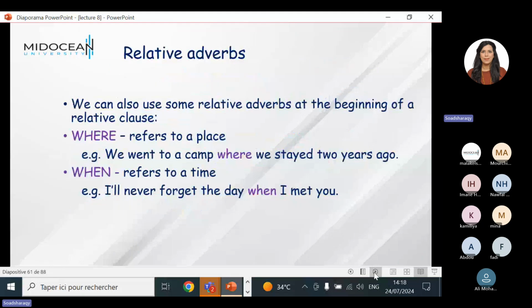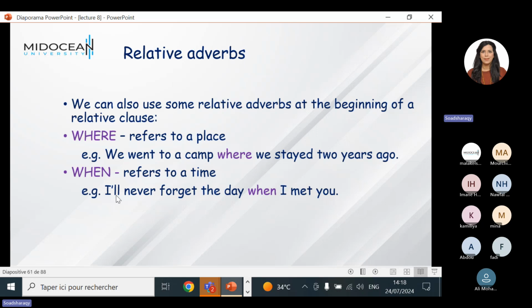Relative adverbs. We can also use some relative adverbs at the beginning of a relative clause. Where refers to a place. We went to a camp where we stayed 2 years ago. So here where refers to a place, and when refers to a time.